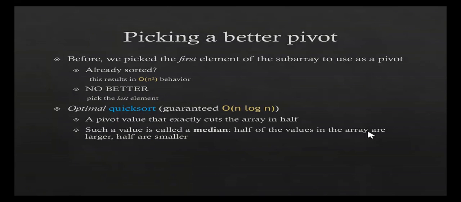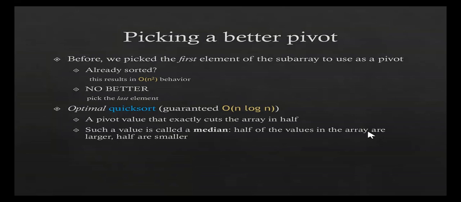Now some challenges. I told you that whenever we try to pick a better pivot element, we know the performance of quicksort depends on the selection of a better pivot.